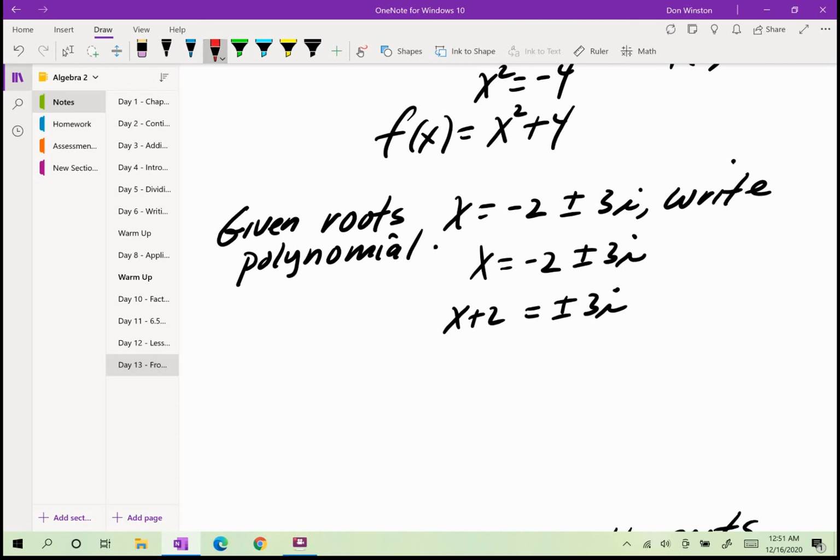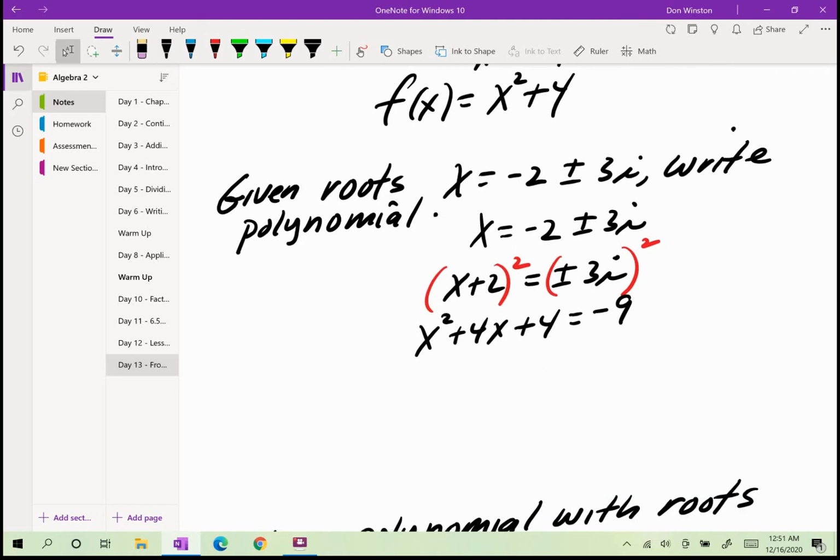Okay, so now I have to square both sides. And so x plus 2 squared will be x squared plus 4x plus 4, and then 3i squared, well, that would be negative 9. 3 squared is 9, and i squared is negative 1, and 9 times negative 1 is negative 9. So now I add 9, and I'll get my polynomial.